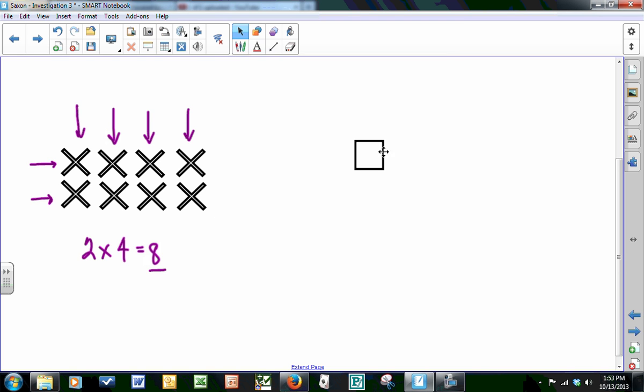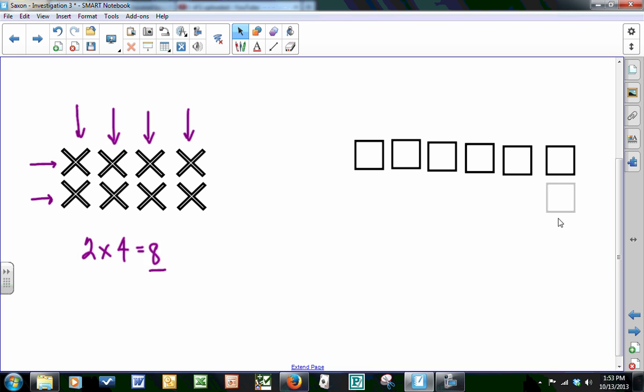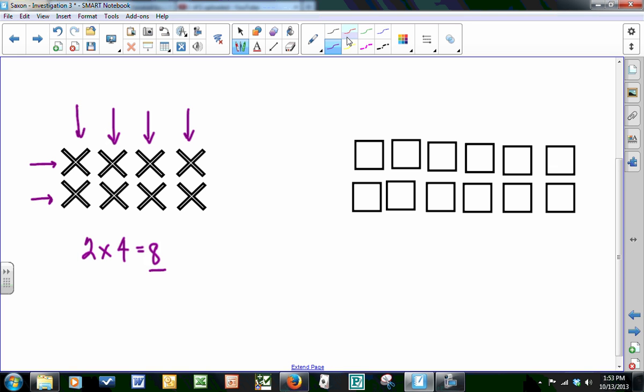And finally, let's practice with these squares. Gotta really grab it if you want to clone it. 1, 2, 3, 4, 5, 6. 1, 2, 3, 4, 5, and 6. So how many do I have?